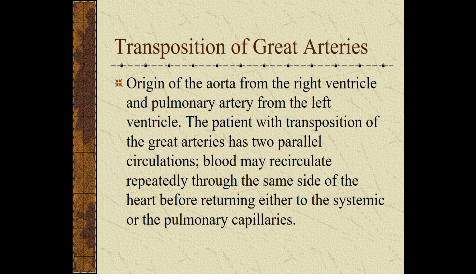Transposition of the great arteries. Origin of the aorta from the right ventricle and pulmonary artery from the left ventricle. The patient with transposition of the great arteries has two parallel circulations. Blood may recirculate repeatedly through the same side of the heart before returning either to the systemic or the pulmonary capillaries.